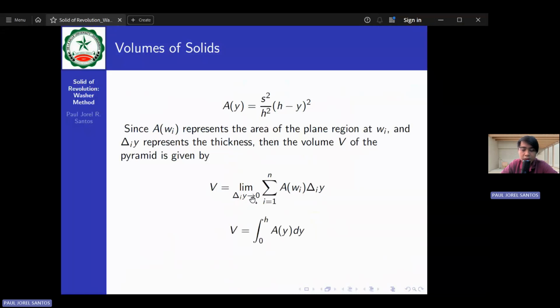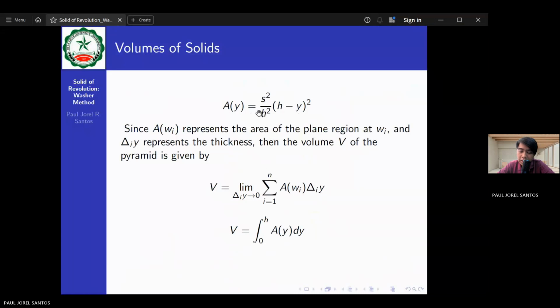Or simply we can rewrite it this way: the volume is equal to the integral of A of y dy from 0 to h. However, if you can recall this equation, we should remember that A of y is equal to s squared over h squared multiplied by the square of the difference of h and y.